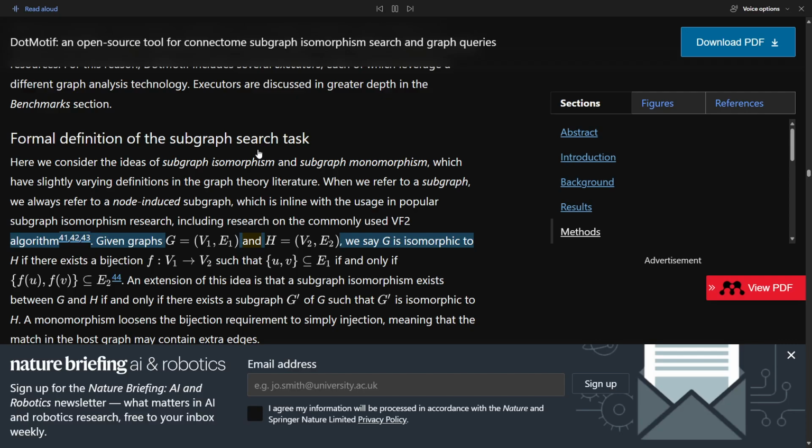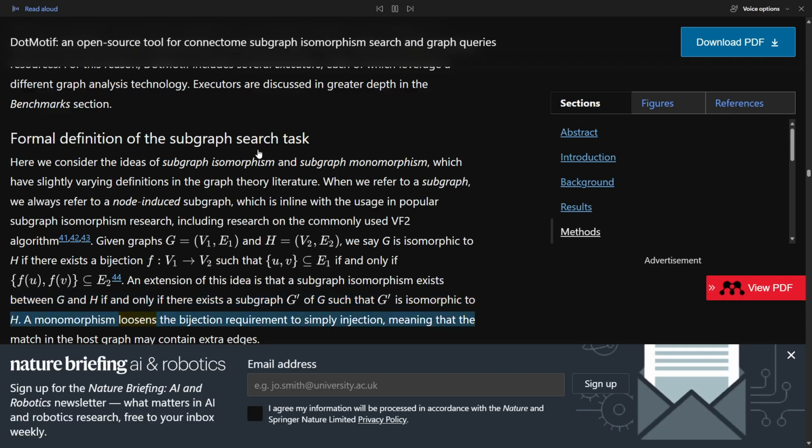Given graphs G and H, we say G is isomorphic to H if there exists a bijection such that if and only if 44. An extension of this idea is that a subgraph isomorphism exists between G and H if and only if there exists a subgraph of G that is isomorphic to H.